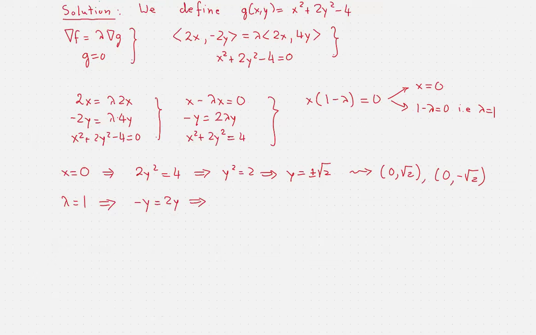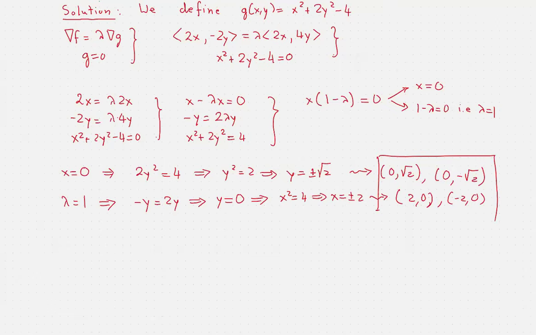If y is equal to 0, then we go back to our constraint, and this gives us x squared is equal to 4, which means that x is equal to plus or minus 2, and this yields 2 more points, 2, 0, and negative 2, 0. So we have a total of 4 critical points, and again, the extrema are guaranteed to exist.